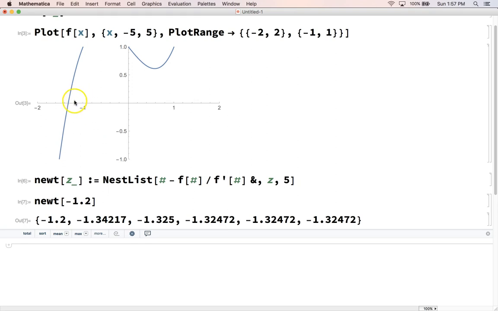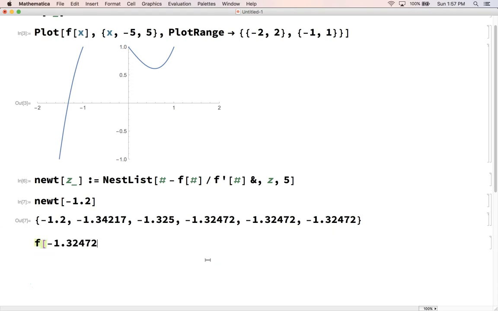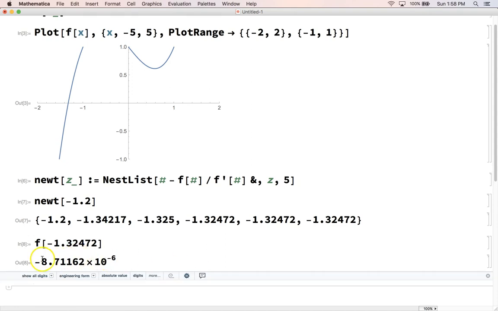So here you can see that I started out close enough that I got very close to an actual 0. For example, if I do f of this -1.32472, I get a very small number. You might wonder, why did I not have to use capital N anywhere for the numeric approximation?